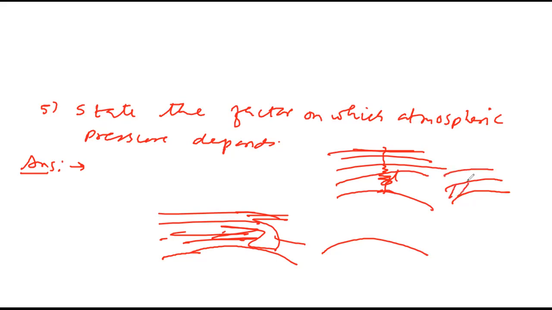This closer layer density is almost same up to 15 kilometers. But as height increases, the air column height decreases, so the weight above will be less. Suppose I am standing at the bottom and air is up to here, all this weight will press on me. But if I go to the top floor, less weight of air will fall on me.